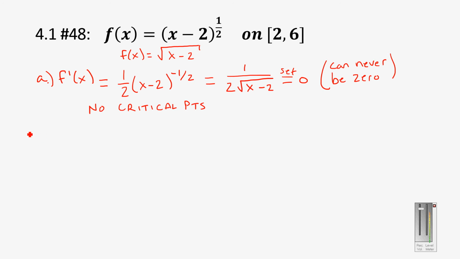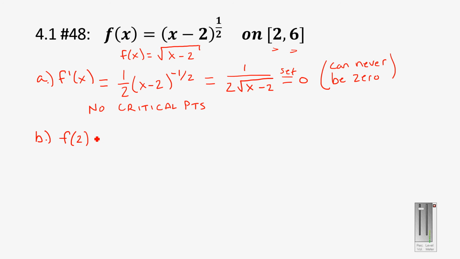However, if you remember back from section 4.1, extreme values are at one of 3 locations. They're either at a critical point or they're at the endpoints. So in this case, 2 and 6. So what I would do is maybe try it for f of 2.